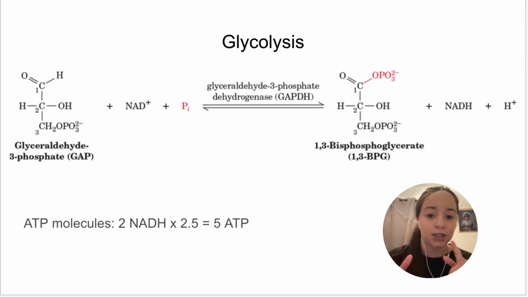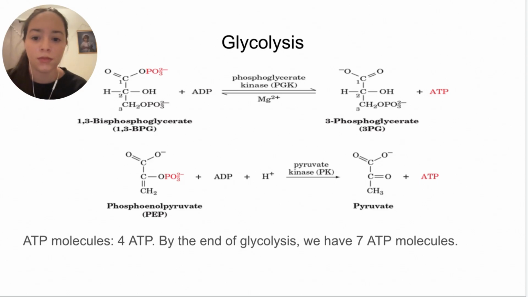So this reaction yields NADH, but it yields two of those because we're dealing with two molecules of GAP and two molecules of 1,3-BPG. So two NADH molecules yields 5 ATP molecules. In step 7, 1,3-BPG is turned into 3PG with the help of the enzyme PGK.